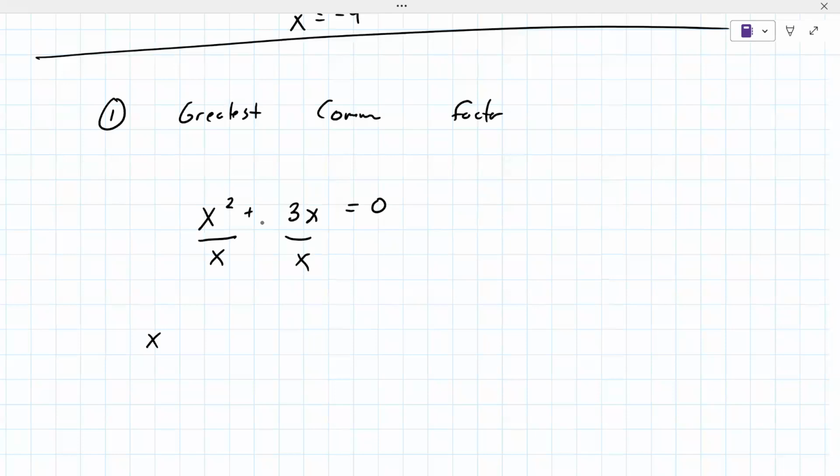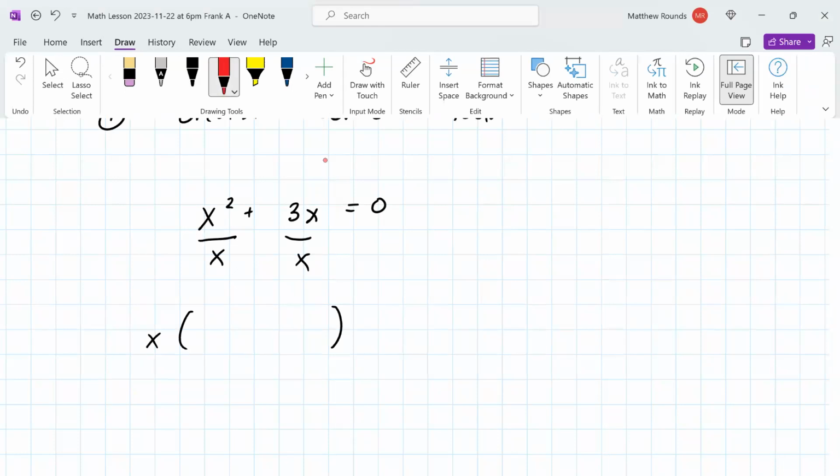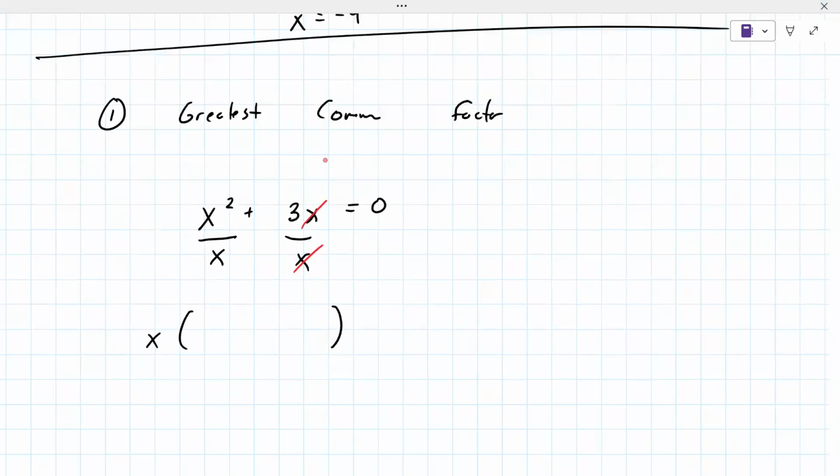So they call this divide and slide. You divide both of them by x, and when you divide here, it has the effect of canceling. And then up top on the left here, there's really x times x. That's why it's x squared. So one of them cancels that one down there, leaving x plus 3 in parentheses.